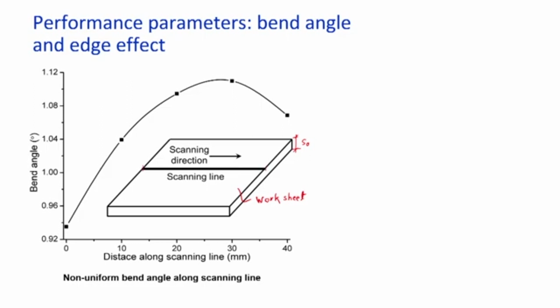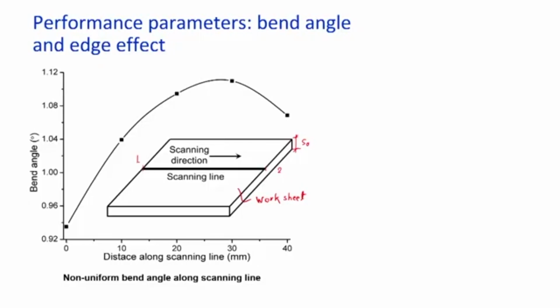It is expected that we should get a uniform bend angle from end 1 to end 2 during the laser bending operation. But during the experimental study, in the actual practice of laser based forming, it was noticed that we do not get a uniform bend angle along the length of application.